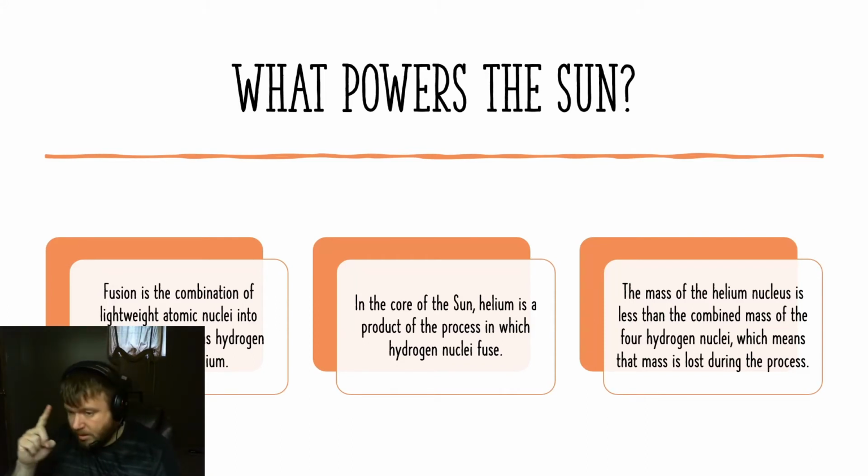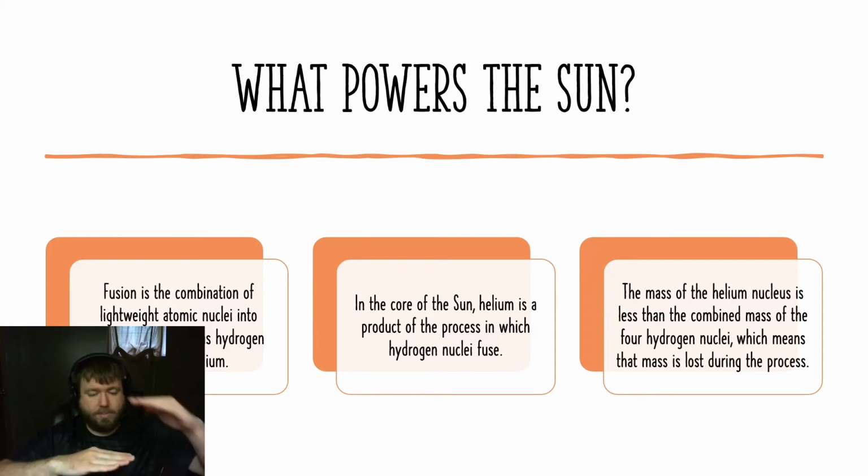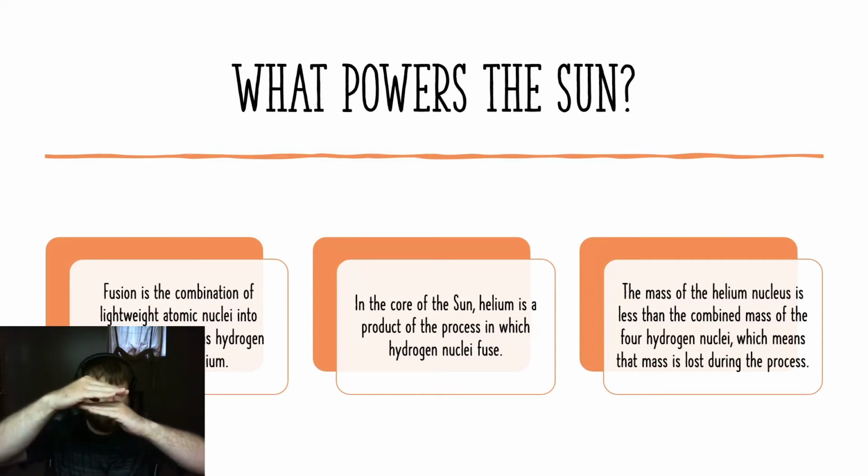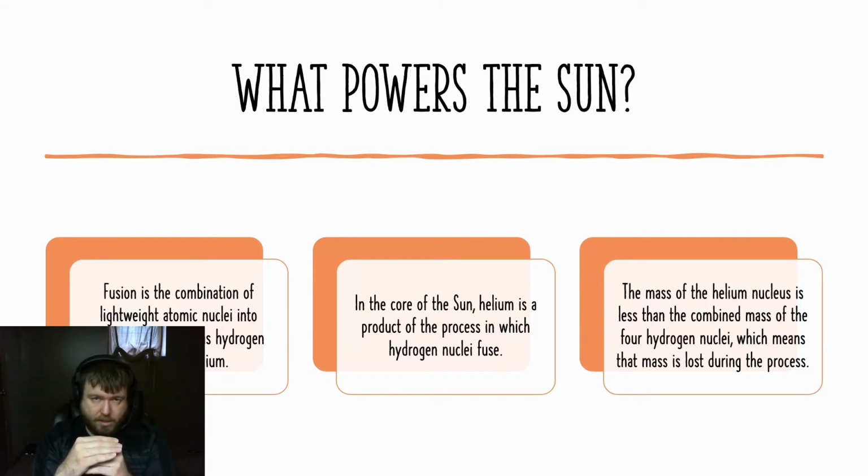Now, the thing about that is whenever those 4 hydrogen atoms combine to make one helium, the helium is actually smaller than the 4 hydrogens are. Imagine if you took 4 textbooks and stacked them one on top of the other, but then whenever you put that 4th one on there, it shrinks down into the size of a playing card. That's confusing. It doesn't make any sense to us.